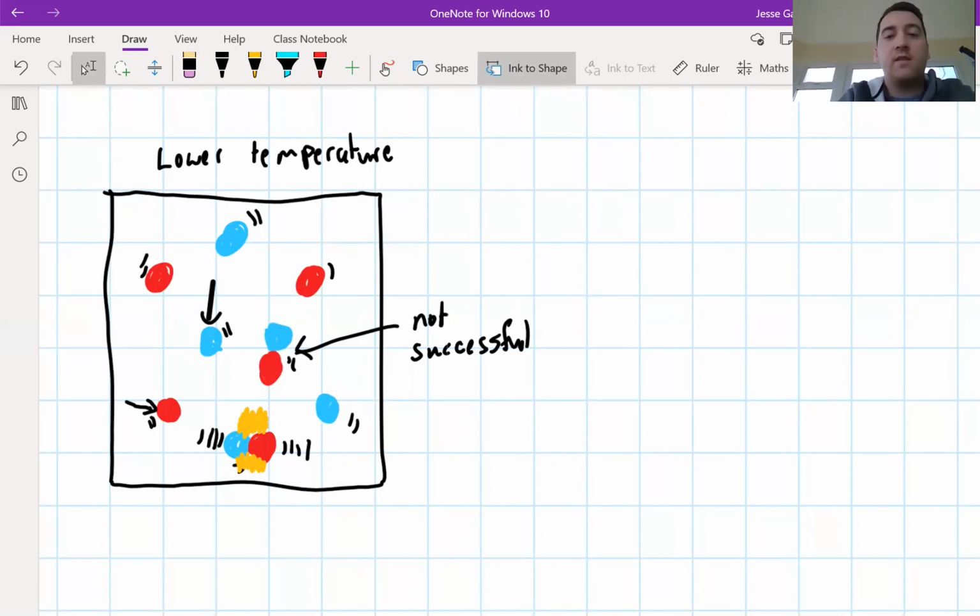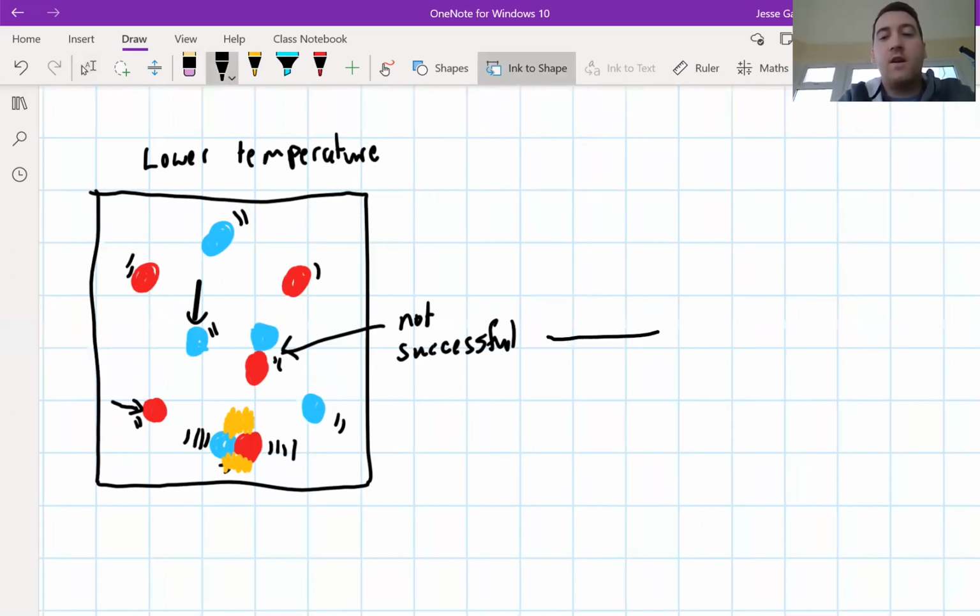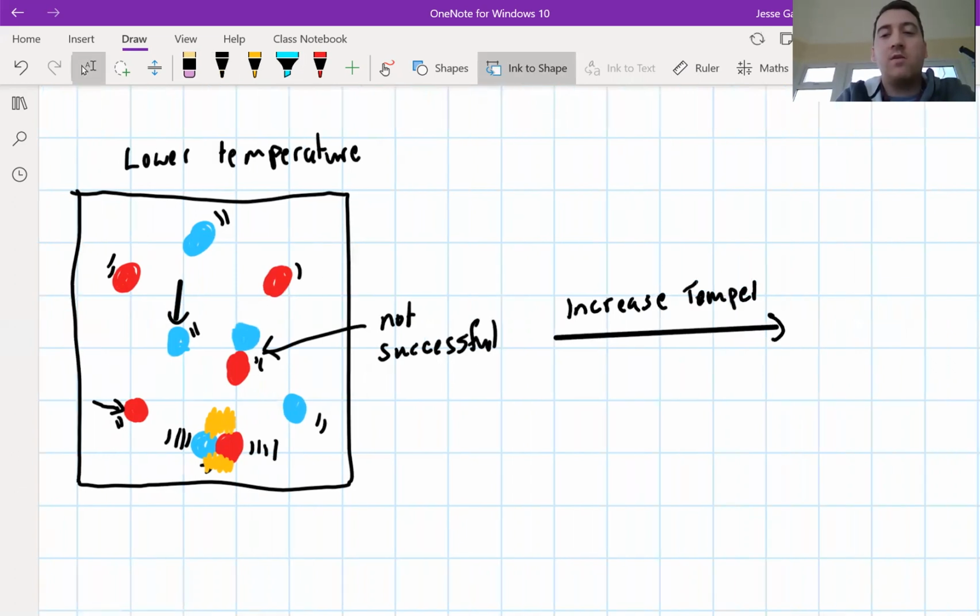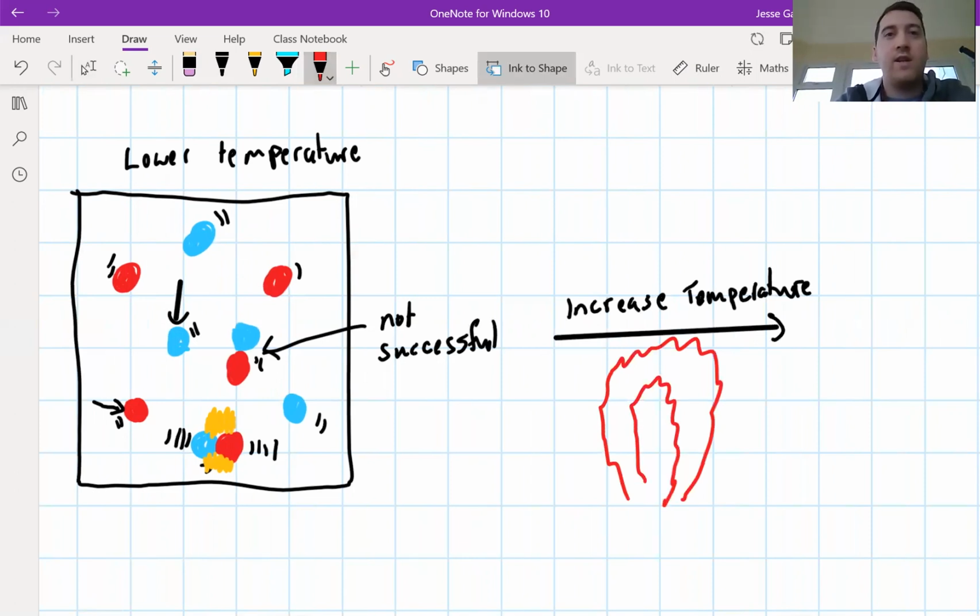Well, if we were to take this container and increase the temperature, and again, in the last question, we saw how we would do that. We do this by heating. So this is supposed to be a flame. Okay, so we increase the temperature.